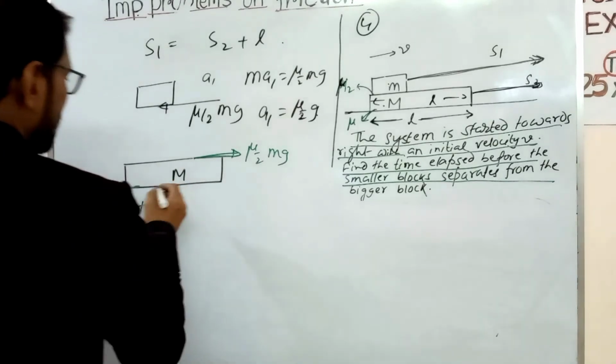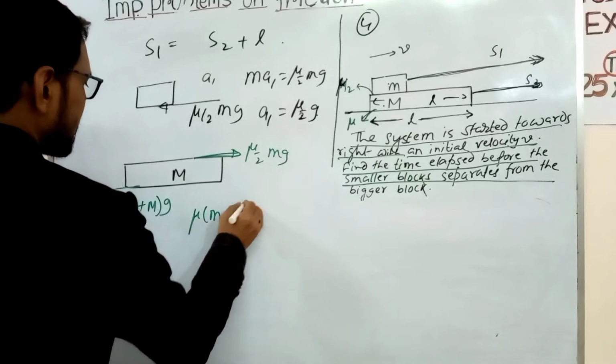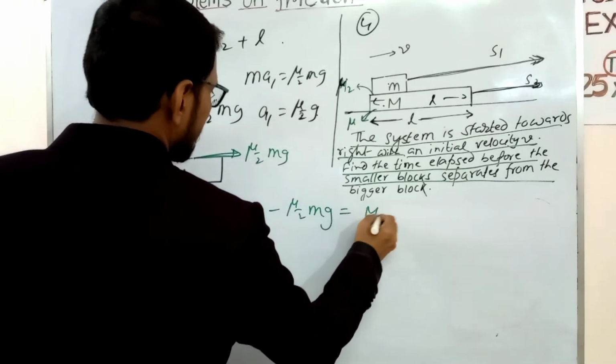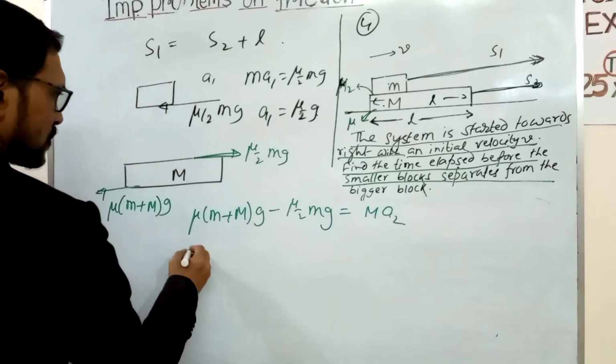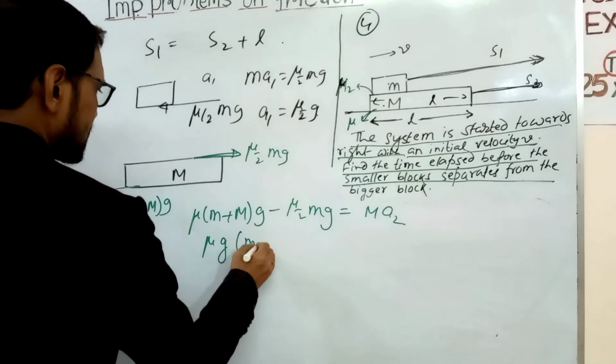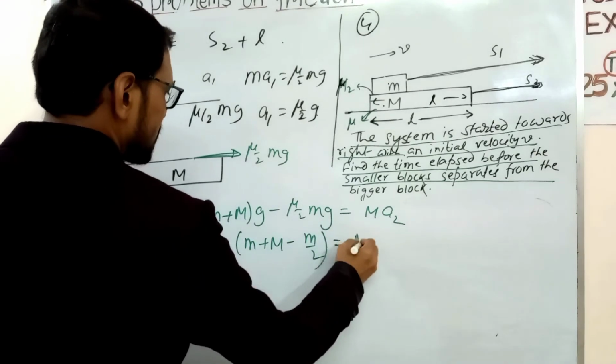So for block M, what is the retardation? The retardation will be given by mu into (M plus m) g minus mu by 2 mg equal to M a2, suppose a2. Now what is a2? Taking mu g common, (M plus m minus m by 2) equals M into a2.